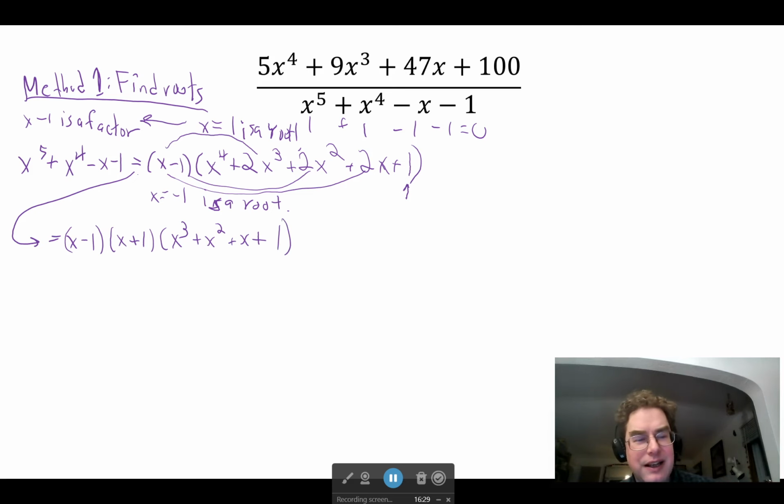Okay, so now the next question is, what about this x cubed plus x squared plus x plus 1? We factor that further. Well, we know it has to get down to at least a quadratic. And you can check that x equals -1 is still a root. Okay, so that means we get another factor of x plus 1.